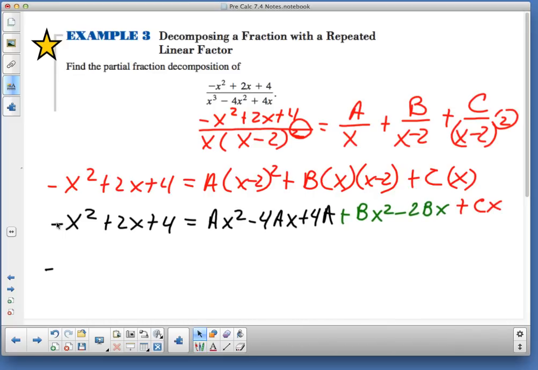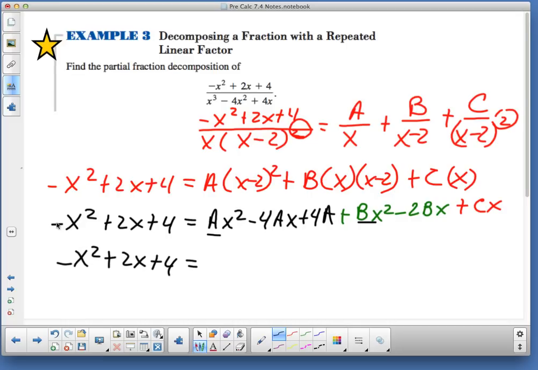Now I'm going to combine like terms. So my Ax squared, my Bx squared, and my negative x squared. Keep in mind, I'm getting ahead of myself. I'm not going to try to combine those right now. I want to make sure you see why I can combine them that way. So I've got A plus B x squared.